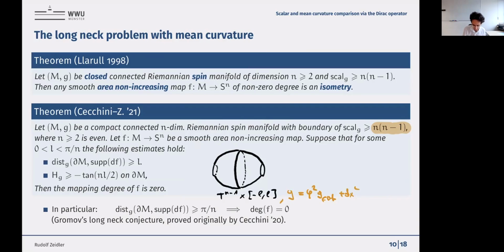But now, you want to produce a map of non-zero degree to the sphere, and you can actually do it.